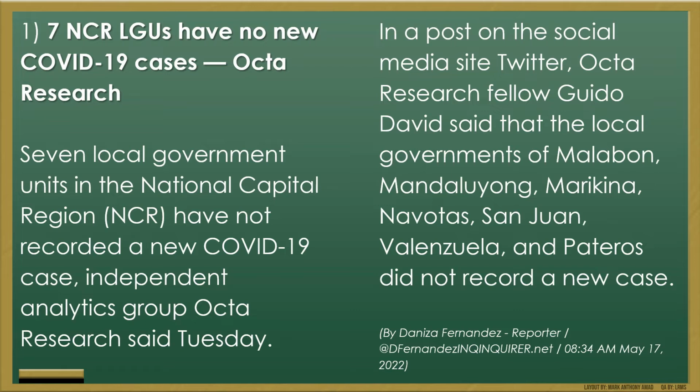In a post on the social media site Twitter, Okta Research Fellow Guido David said that the local governments of Malabon, Mandaluyong, Marikina, Navotas, San Juan, Valenzuela, and Pateros did not record a new case.